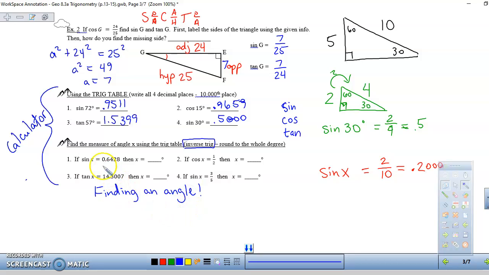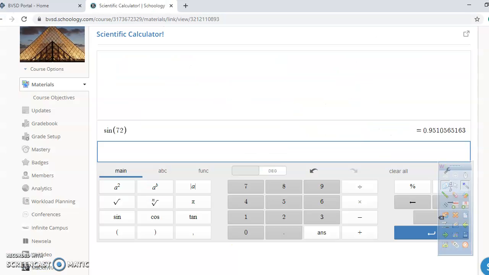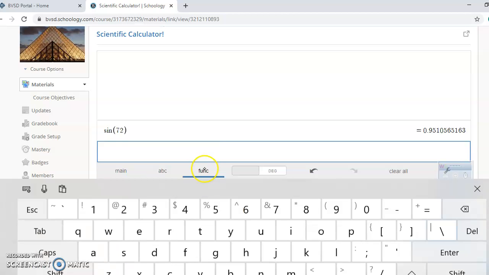What you do for inverse trig is use the inverse trig option on your calculator. If you are on the Schoology calculator, we're on the main menu, you have to hit FUNC, which stands for function.